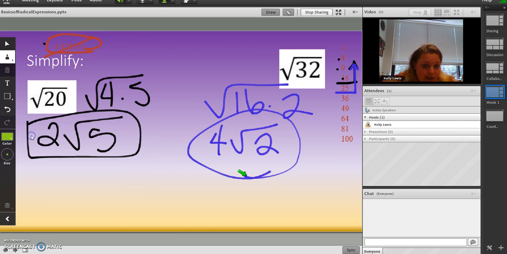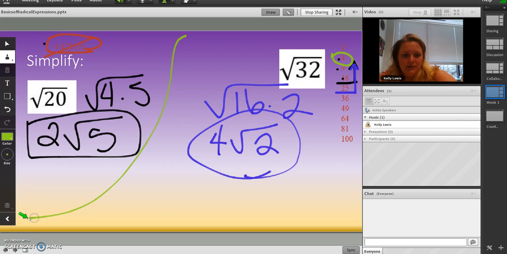I do want to state that if I didn't pick 16, I could have picked 4. So let me show you what happens. 32 is 4 times 8. Square root of 4 is 2, and then we have 8. But 8 can also be divided by 4: 8 is 4 times 2.